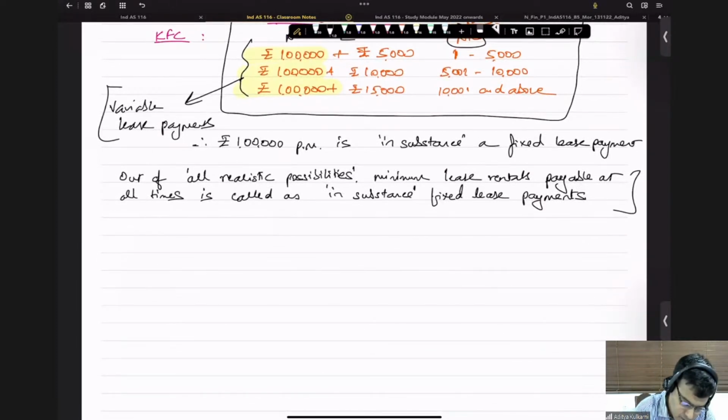Okay. So important words are realistic possibilities, minimum lease rentals payable. The minimum lease rentals payable out of the realistic possibilities, these are known as in substance fixed lease payments. Since they reflect passage of time, you will take them as a part of your lease payments.